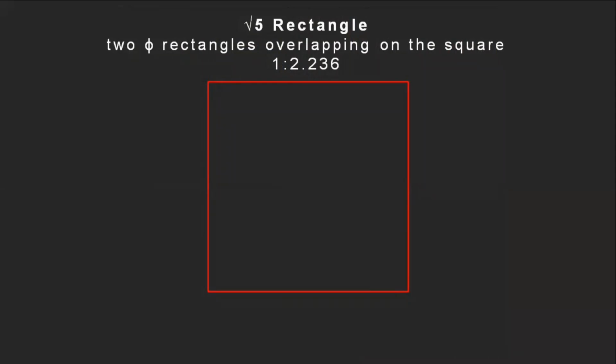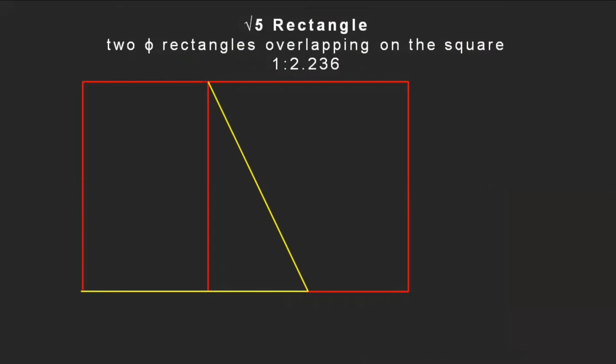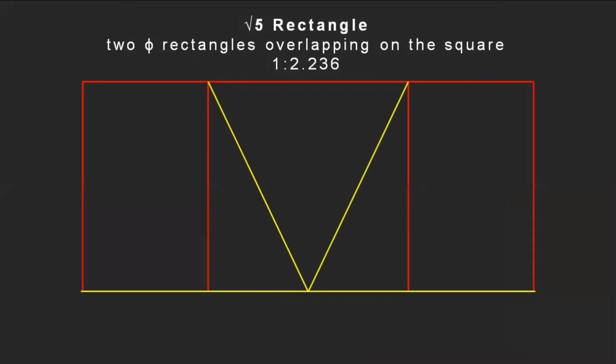I'll start with my square and find the line from the midpoint to the upper corner and drop that line down again, which helps me create my first golden mean rectangle. I'll repeat this process on the other side so that I have two golden mean rectangles that overlap each other along the square break.